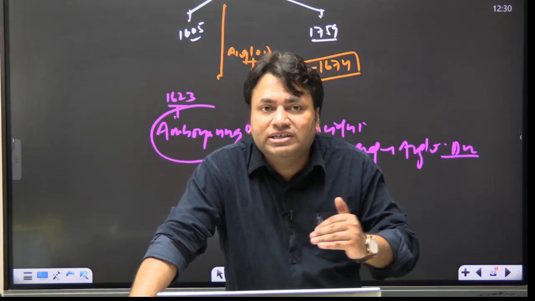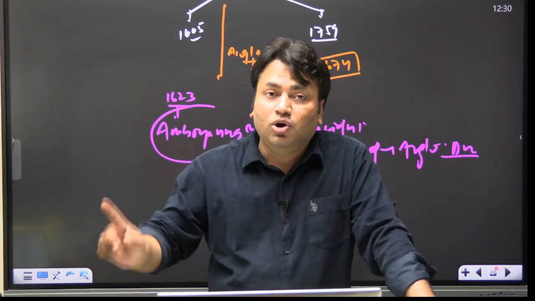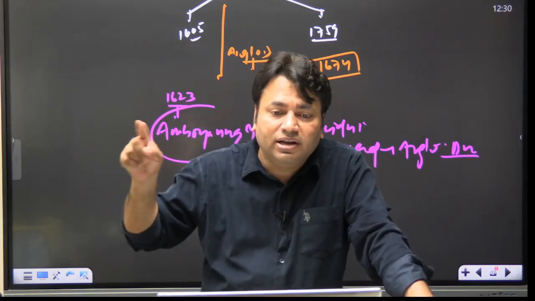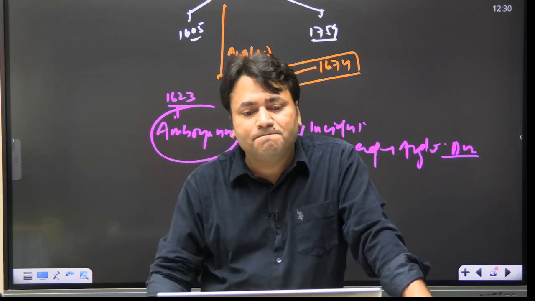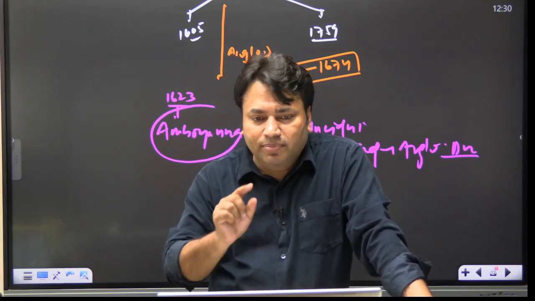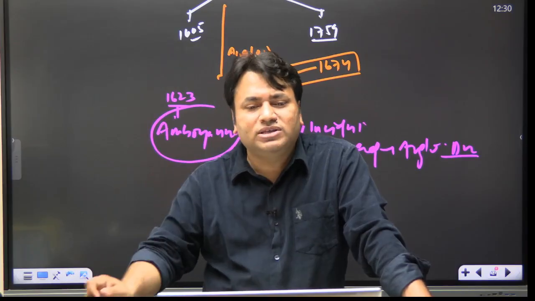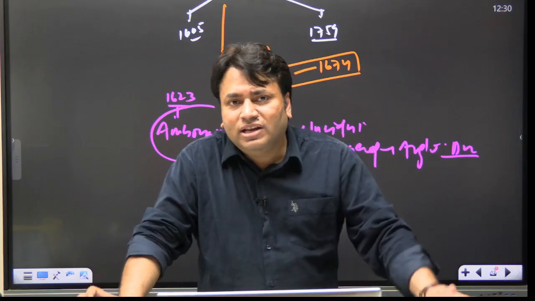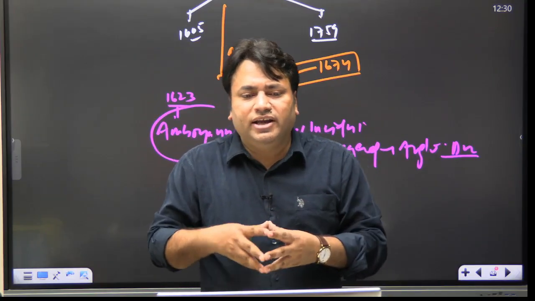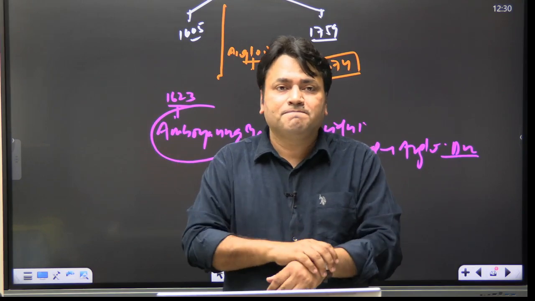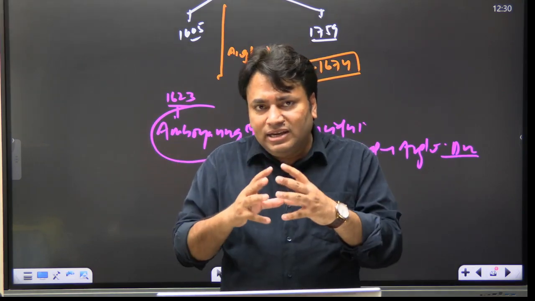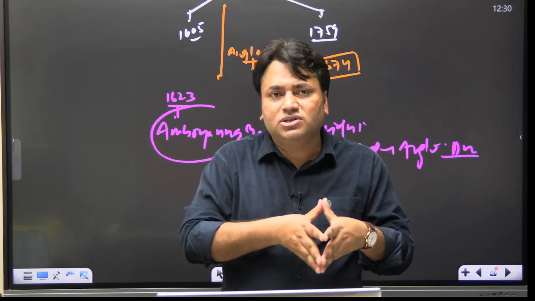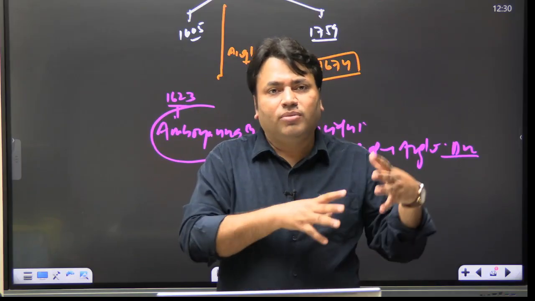So this triggered Anglo-Dutch rivalry, not in Southeast Asia but in India also. Okay, this is the point. Now what will happen from this point of time? You will see that Dutch will say that we will largely focus on a spice trade in Indonesia, and the English will say that we will largely focus on our trade and commerce in India.